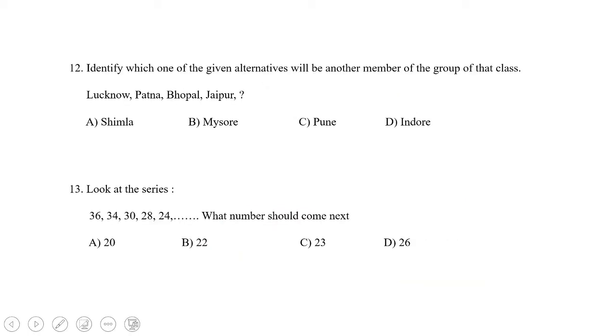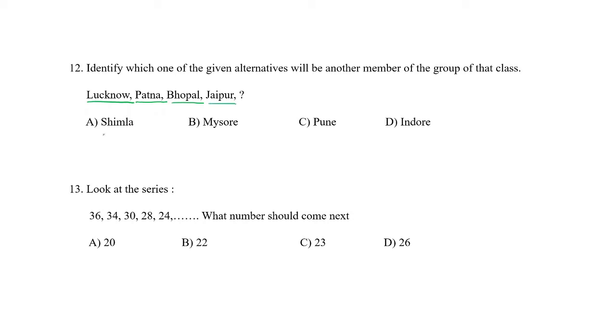Now see the 12th question. Identify which one of the given alternatives will be another member of the group of that class. Lucknow, Patna, Bhopal and Jaipur. All these are capitals of some states. Lucknow is the capital of Uttar Pradesh, Patna is the capital of Bihar, Bhopal is the capital of Madhya Pradesh, and Jaipur is the capital of Rajasthan.